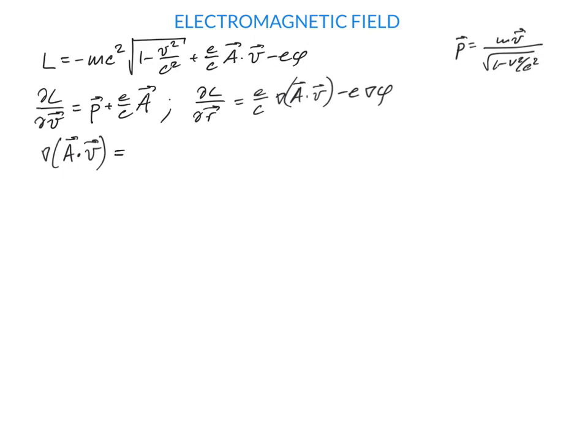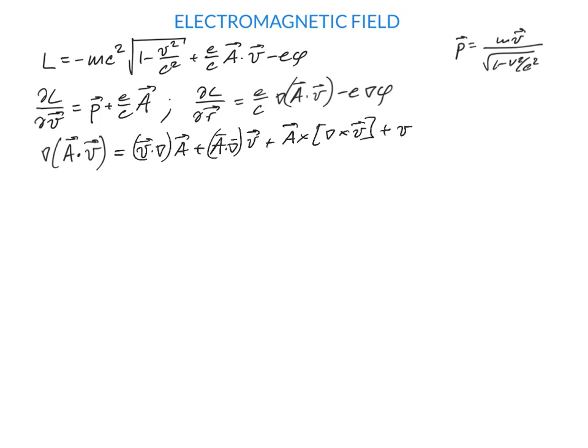Now there is a general vector analytic expression which can be used to rewrite the gradient of a product of two vectors. So we can write it as v dot del A plus A dot del v plus A cross curl of v.